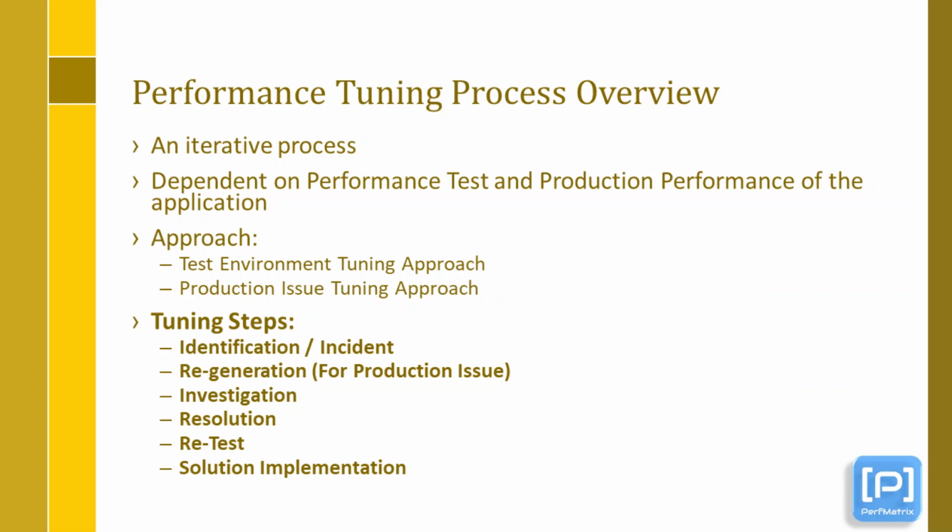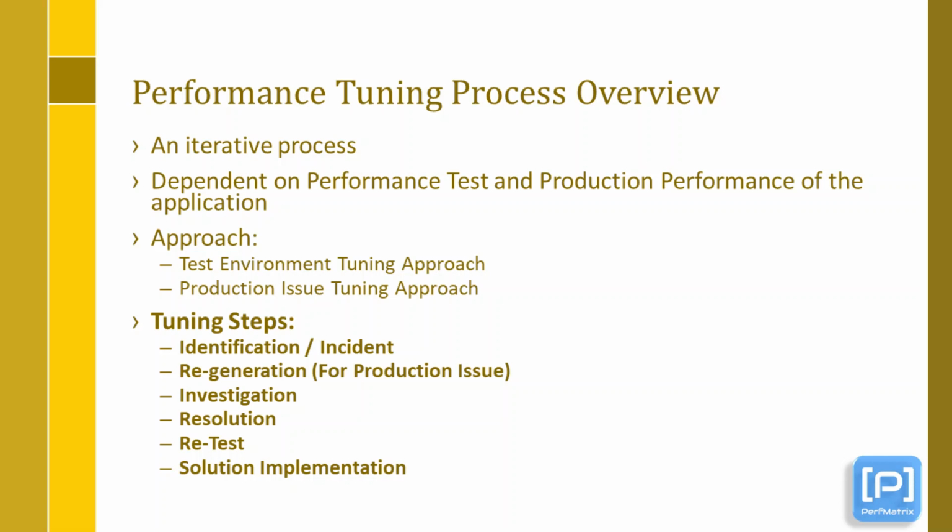Now, the dev team will want to regenerate this issue so that they can help a performance tester to regenerate the problem in the test environment. After that, with the combined effort of the different teams, the investigation will be carried out to find out the exact root cause of the issue.